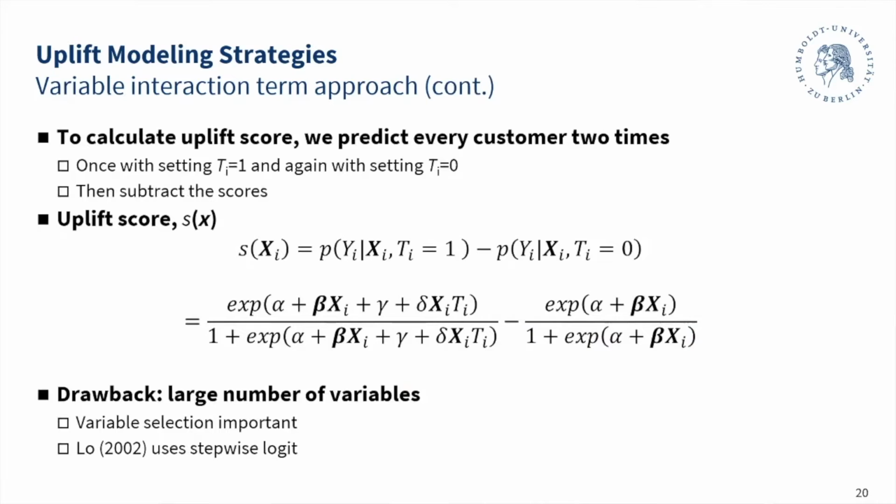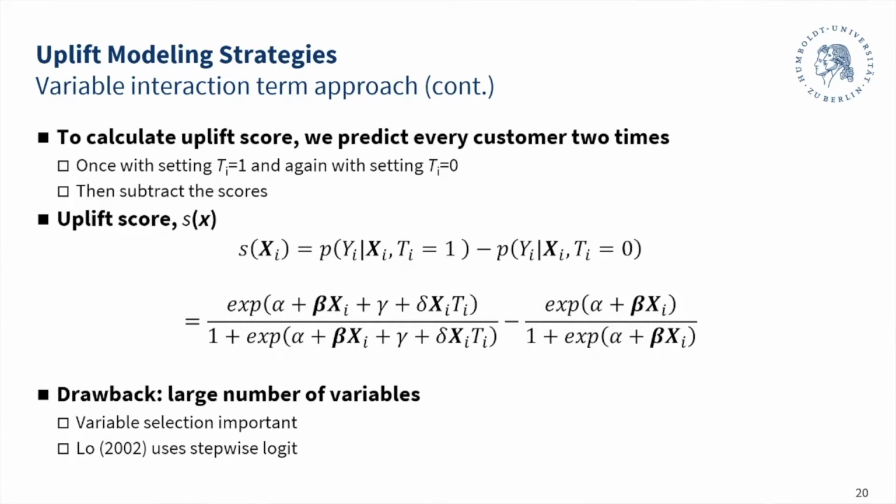And then to estimate the CATE or calculate uplift scores, you have new customers, test set customers, and for each of the test set customers you produce two forecasts. Once you set the value of t to 1, the second time you set the value of t to 0.